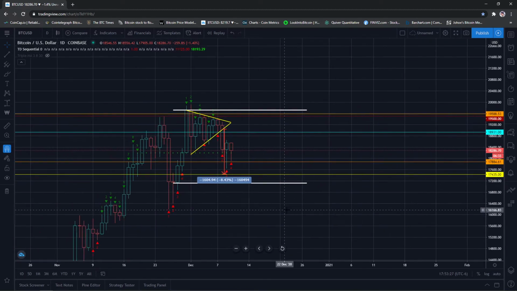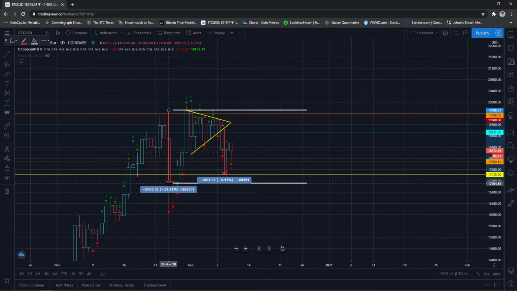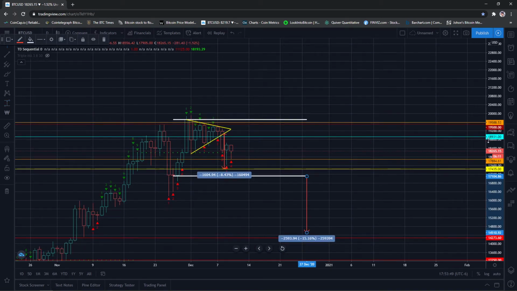I wouldn't be entirely concerned if we wick below it, and if we were to break out of this, a target would be the height of this range, which would give us some big drop, 14.5. We'll see how it goes.